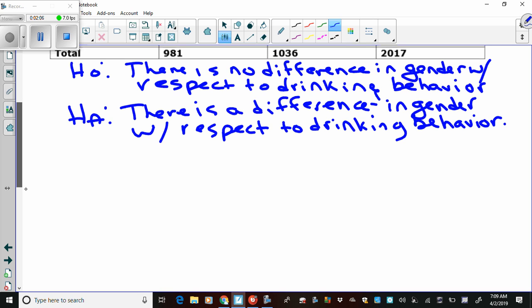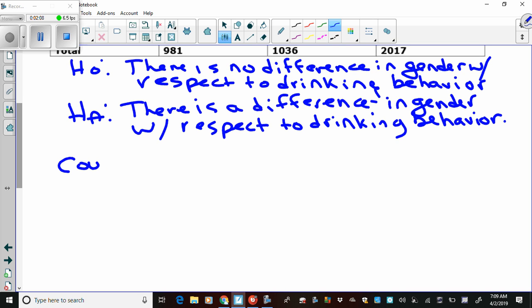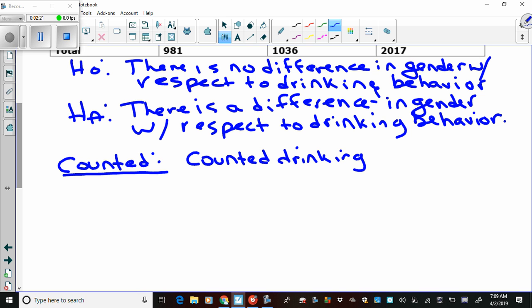Our conditions are the same. We have counted data. And my counted data, I said they counted drinking levels for each gender.